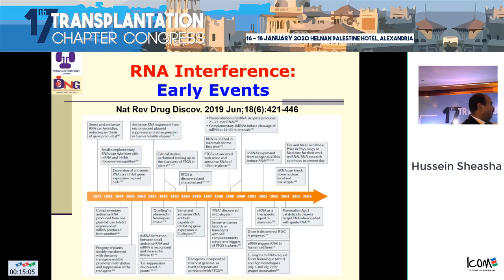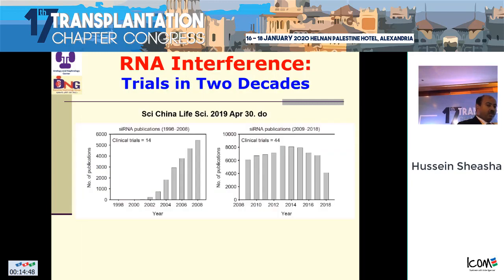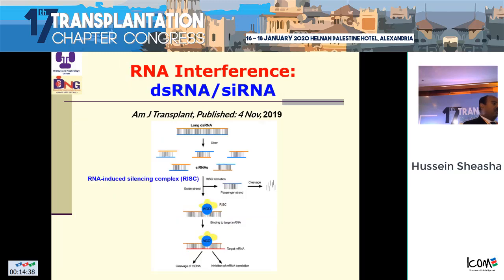RNA interference therapeutic started from the early 70s in experimental work until 2006, when these two guys had the Nobel Award for detection of double-strand RNA. And this slide shows the clinical trials within the last two decades about RNA interference therapeutics.